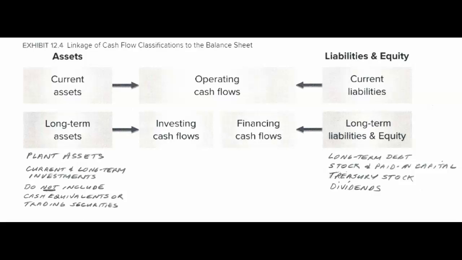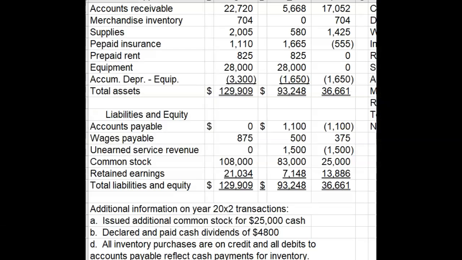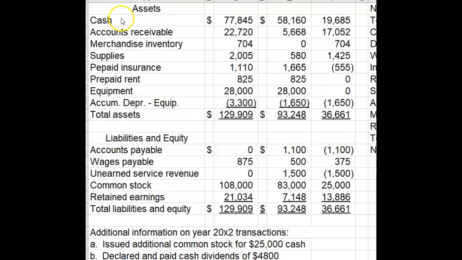Let's talk about the investing section for Success Systems. We need to look at the balance sheet and see if any cash was paid for the purchase of long-term assets or if any cash was received from the sale of long-term assets. Cash, accounts receivable, merchandise inventory, supplies, prepaid insurance, and prepaid rent are all current assets.